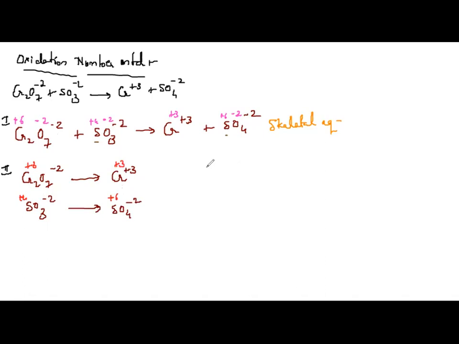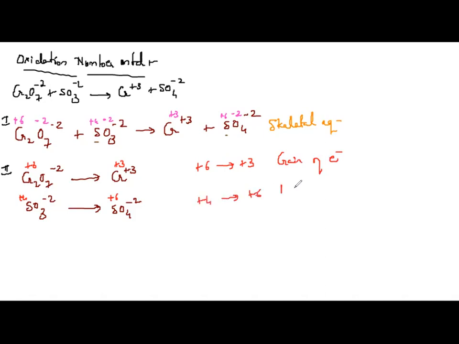So just observe, from plus 6, it is becoming plus 3. From plus 6 becoming plus 3 means what? There is addition of electrons, so there is gain of electrons, correct? And sulfur, from plus 4, is becoming plus 6.